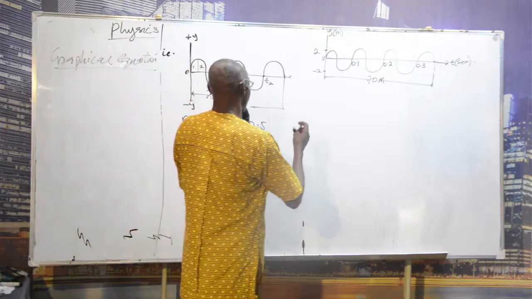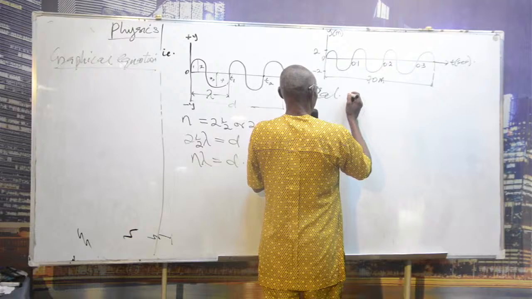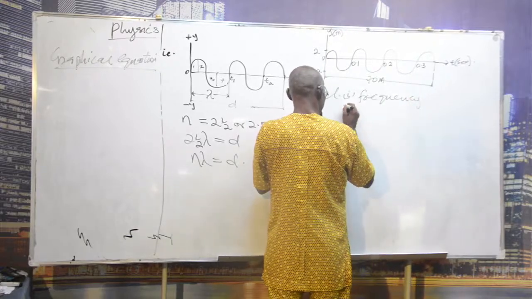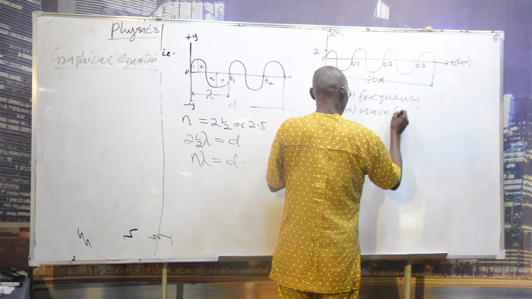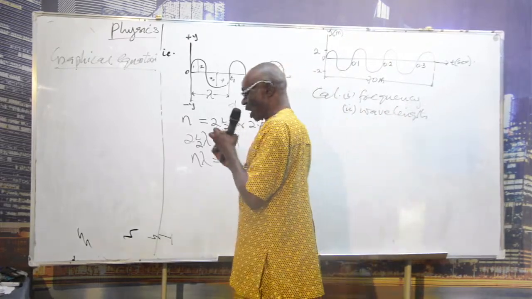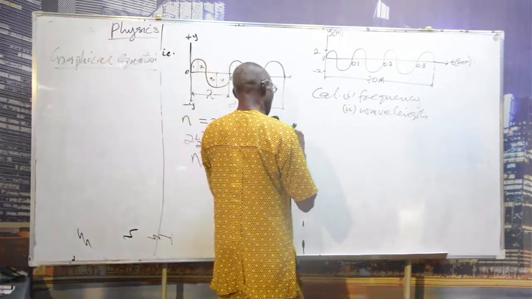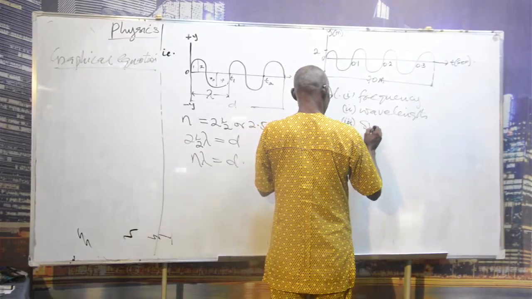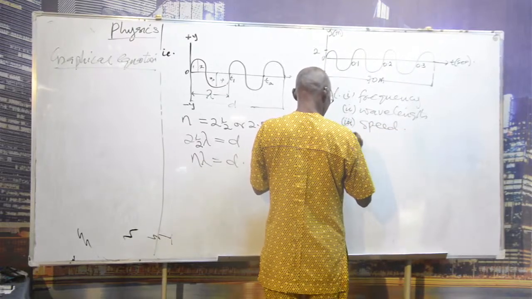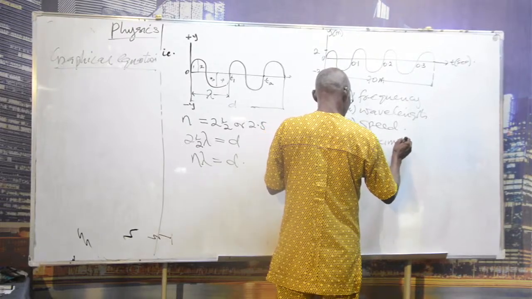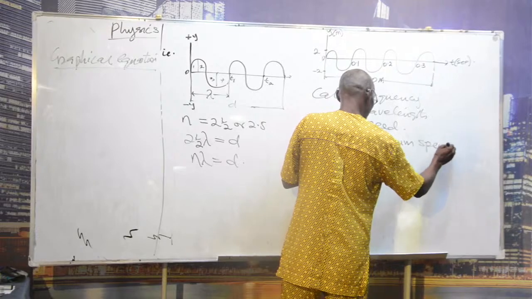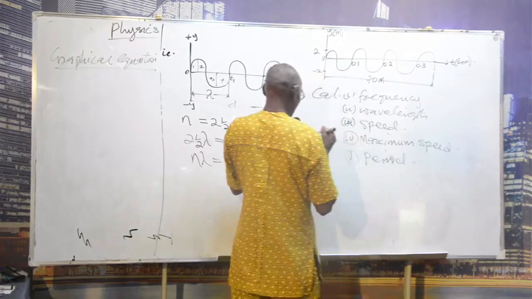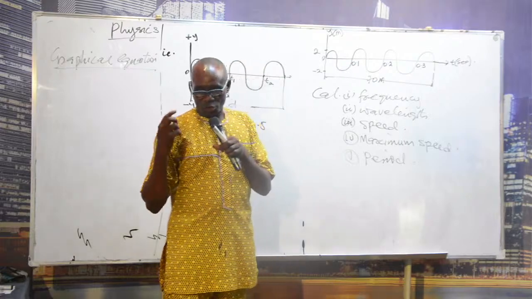So using the diagram above, calculate: number I, frequency; II, wavelength; III, speed; IV, maximum speed; and finally V, period. 5 questions drawn from that same diagram.